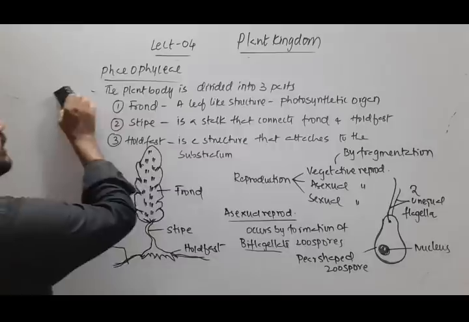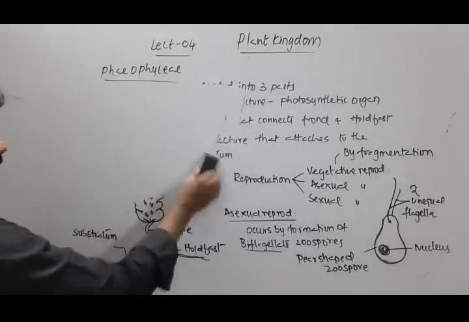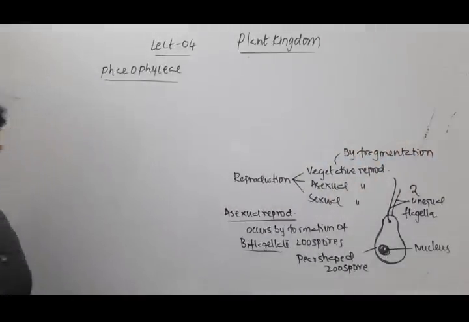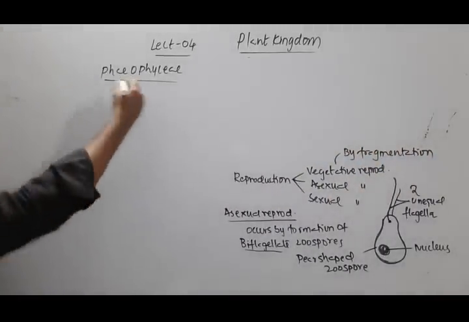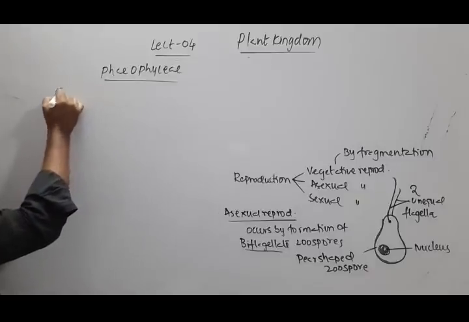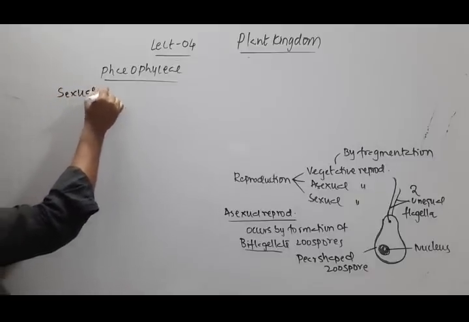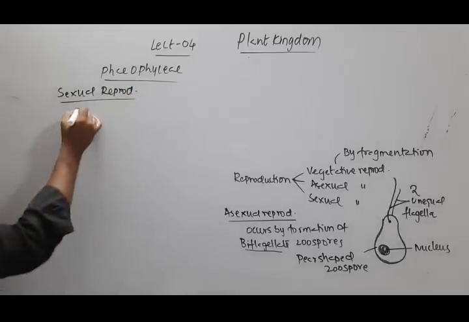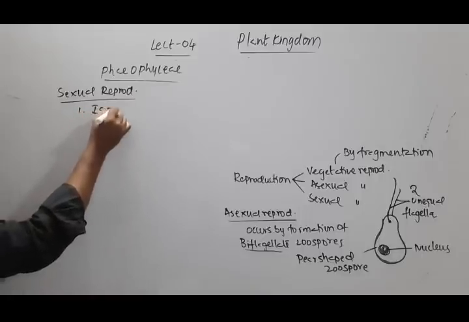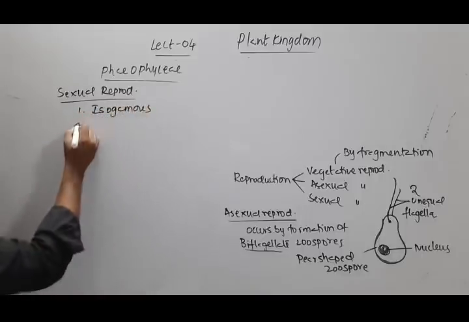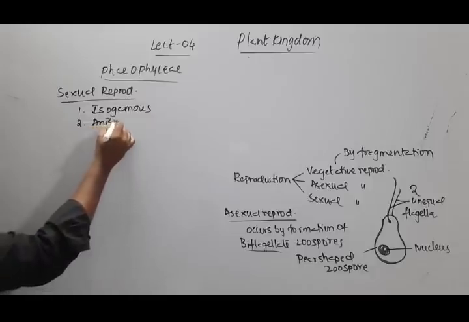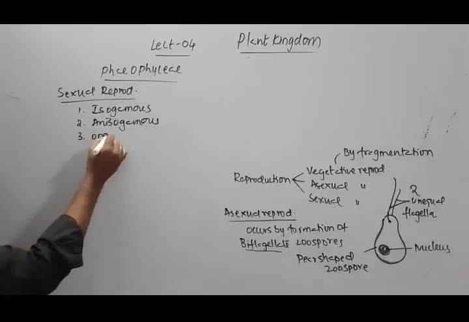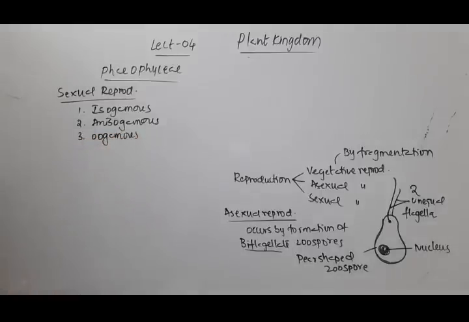Then coming to the sexual mode of reproduction. Here the sexual reproduction will be by isogamous, already we know the meaning of isogamous, and then anisogamous or oogamous.